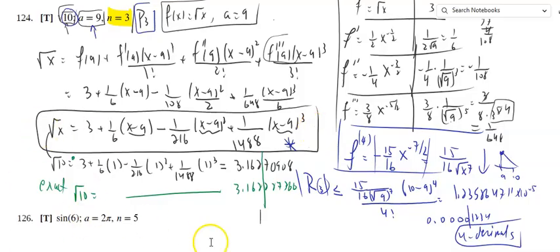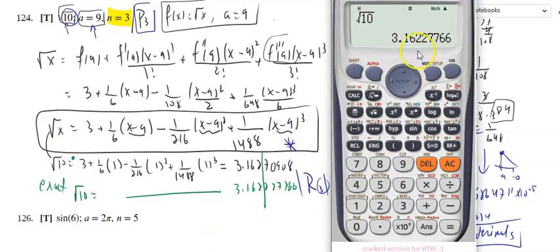Let me check really quick. And if I go to the previous one, oh, it's not there anymore. 3 plus 1 divided by 6 minus 1 divided by 216 plus 1 divided by 1488. Why is that not working?